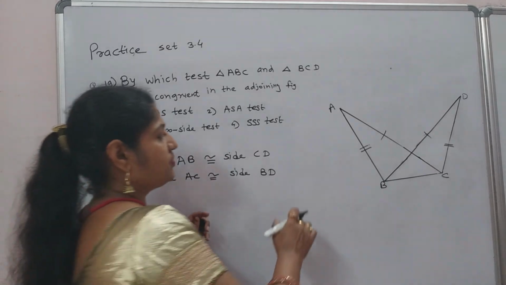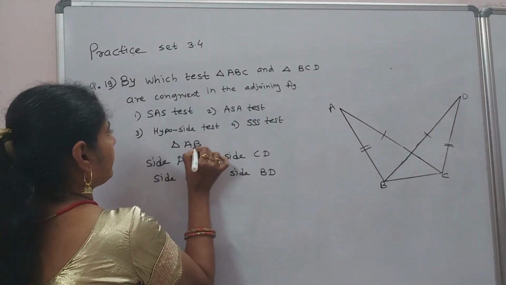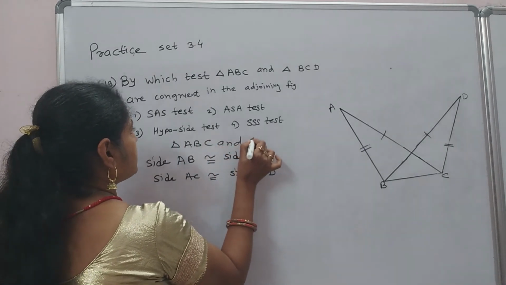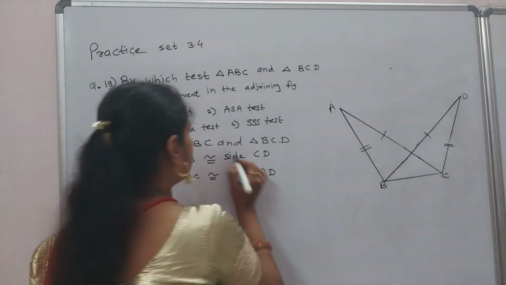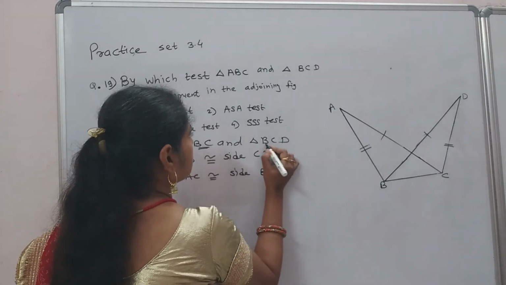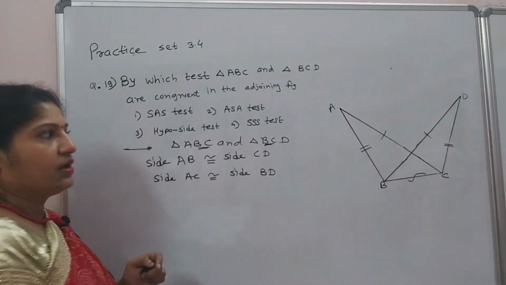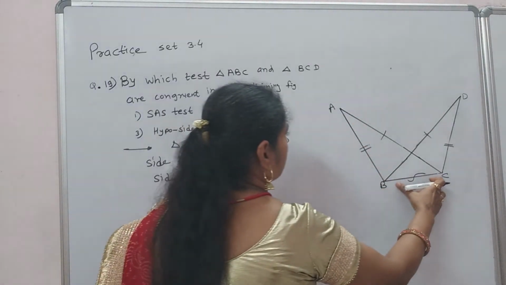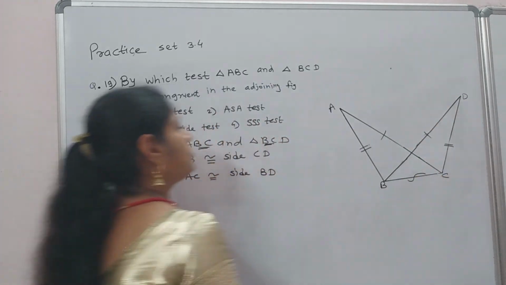So look at this picture. In triangle ABC and triangle BCD, which side is common? BC, here is the BC, here is also BC. BC is the common side. In triangle ABC there is the BC side, and in triangle BDC there is also a BC side.